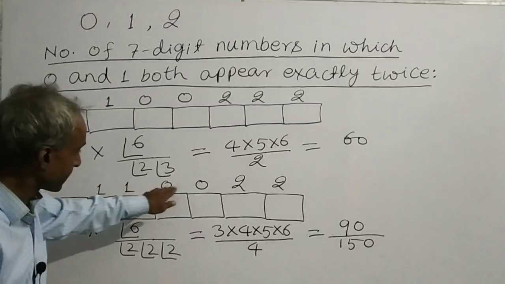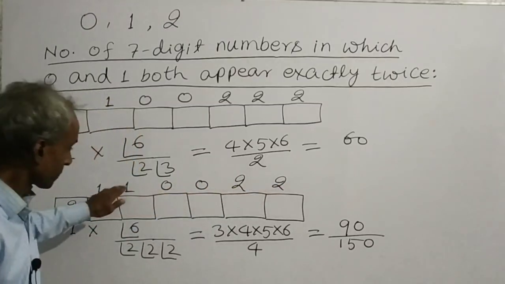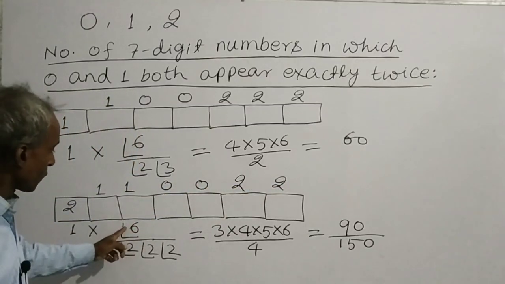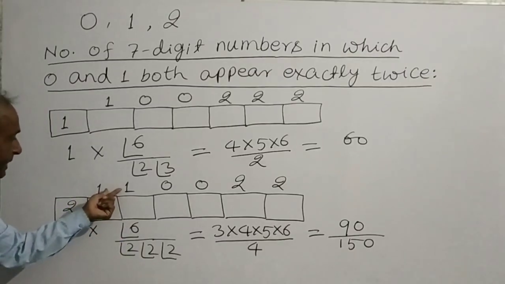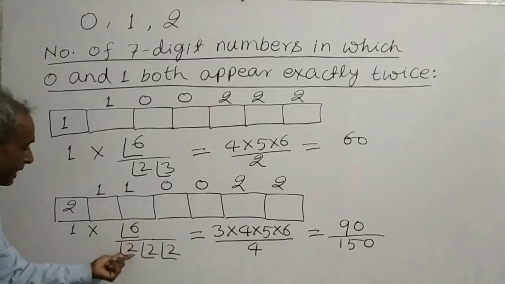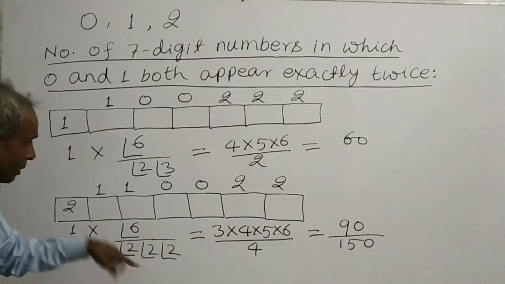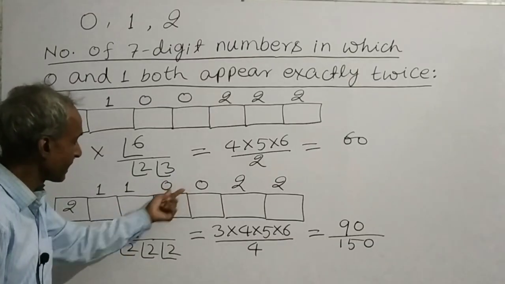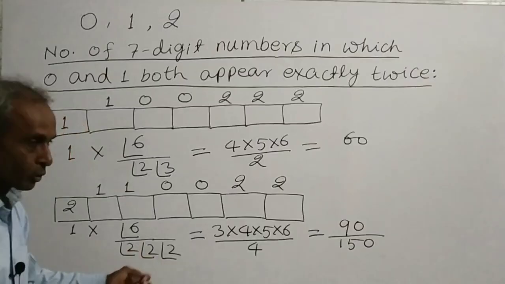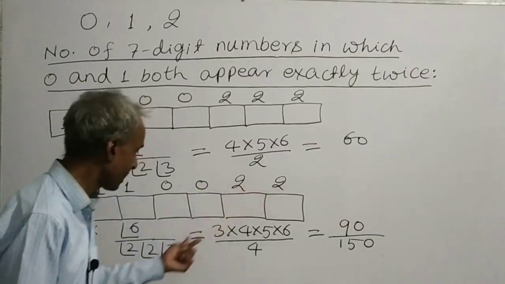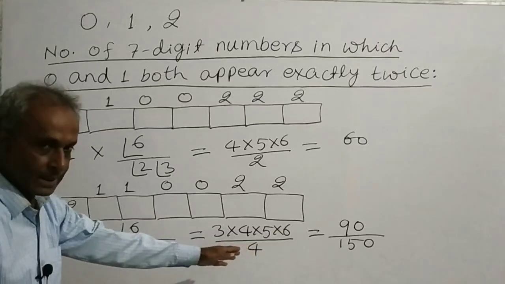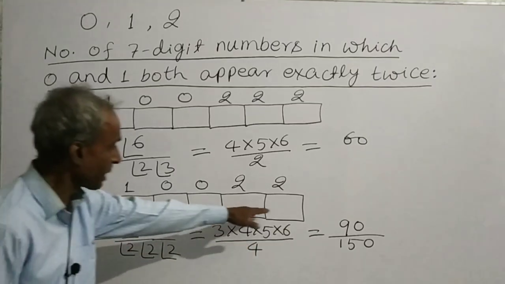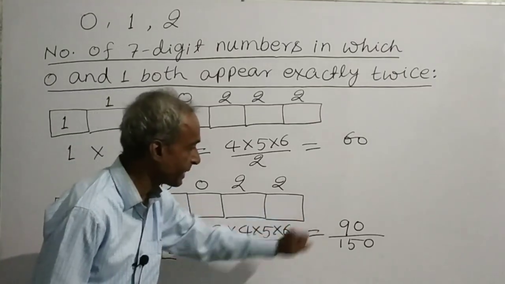Here are 6 digits, so factorial 6 divided by factorial 2, factorial 2, and factorial 2 for the identical things. That means the number of such numbers will be 90.